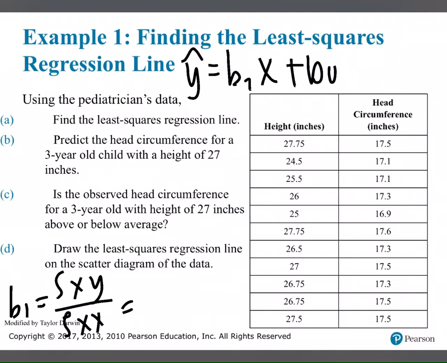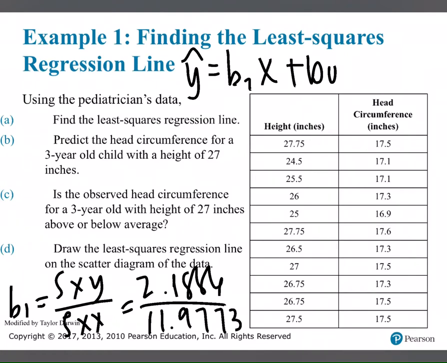And when you do that, you will get 2.1886 divided by 11.9773. So I actually end up getting 0.1827.